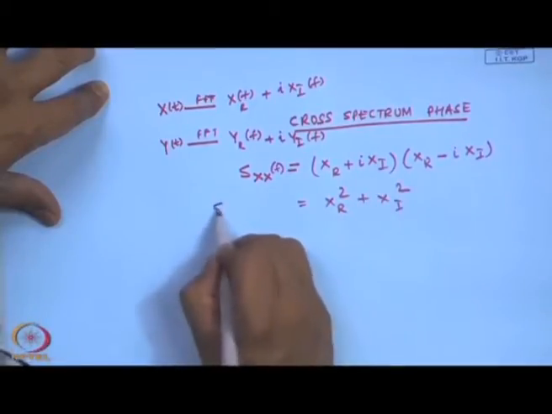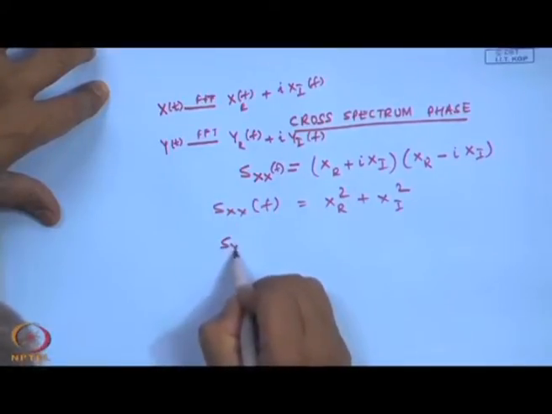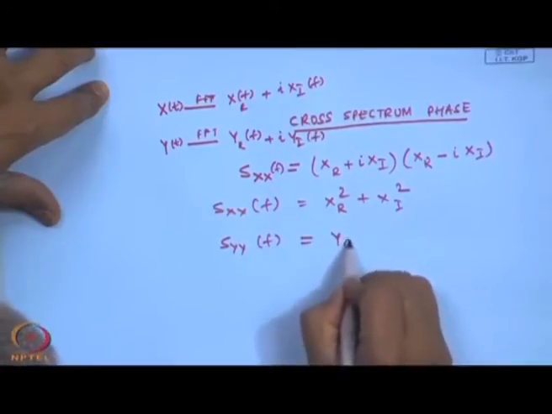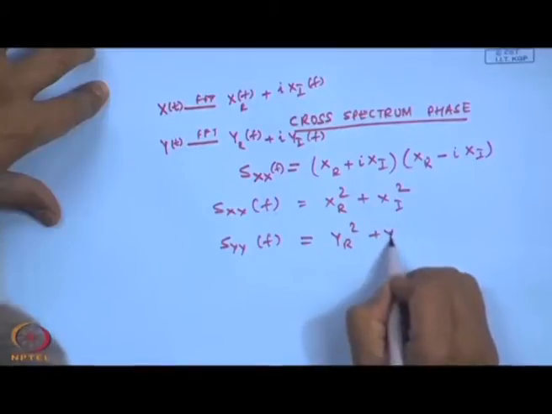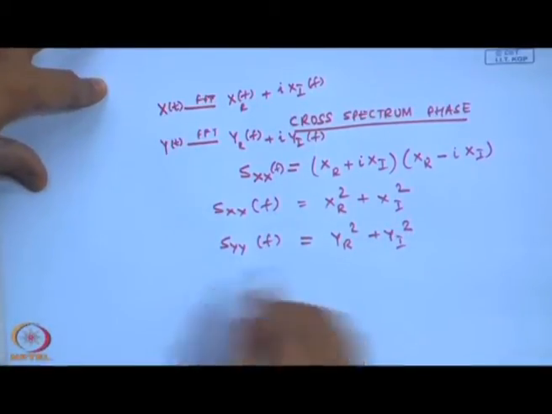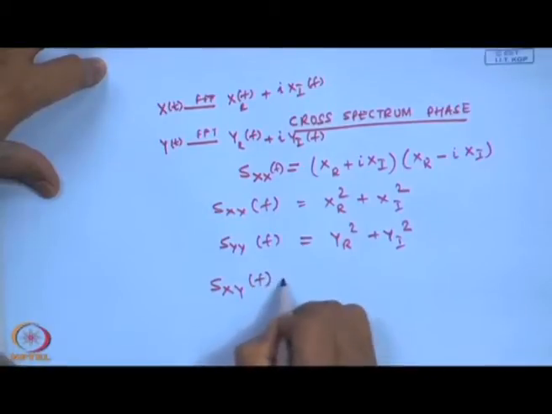So, this is the auto spectrum of the signal x. Similarly, auto spectrum of signal y will be yr square plus yi square.